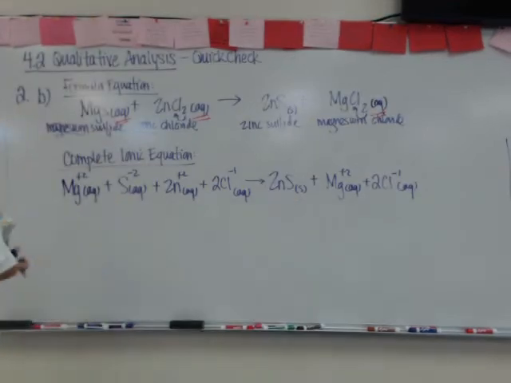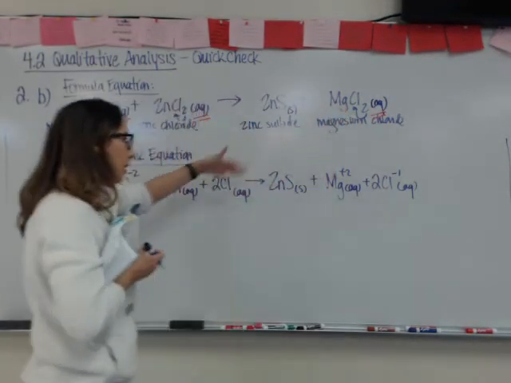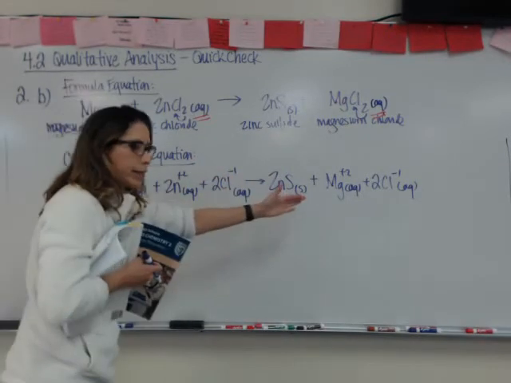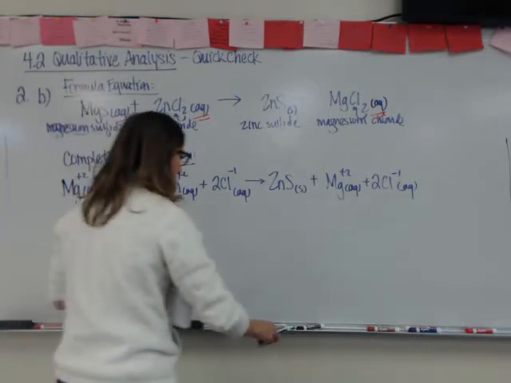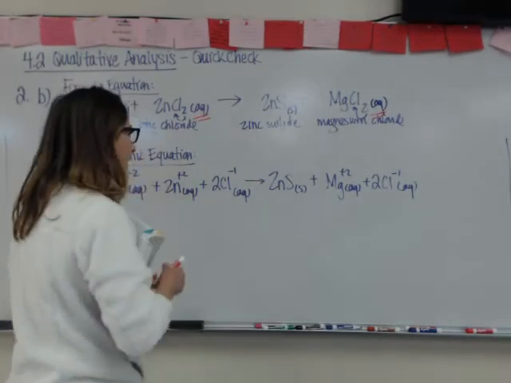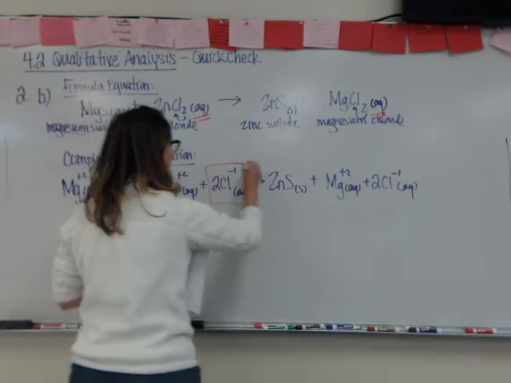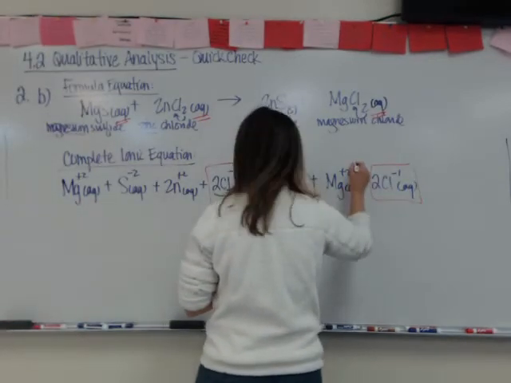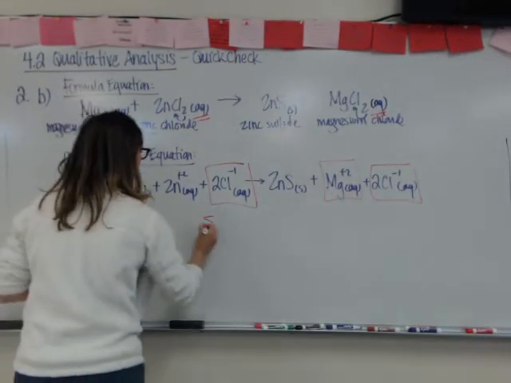Okay? So everything that was AQ is freely moving in solution. So those ions have dissociated. That's why I've got to write them all out in the complete ionic equation. Then whatever ions are identical on the reactant and the product side, those are your spectator ions. They are watching the reaction take place.